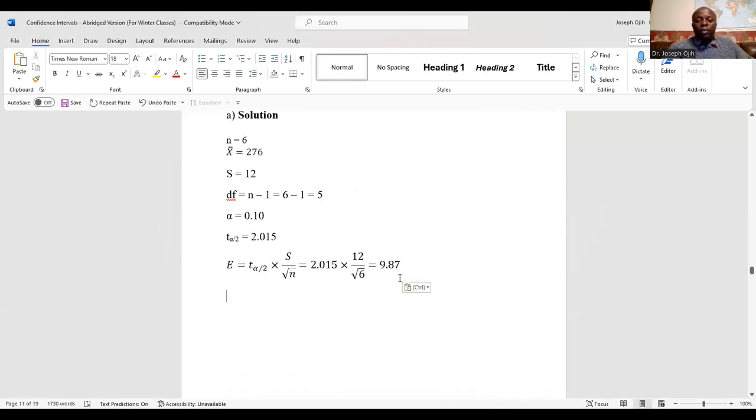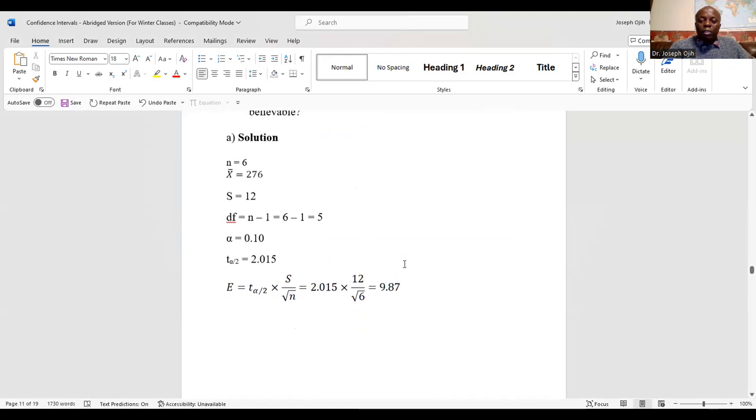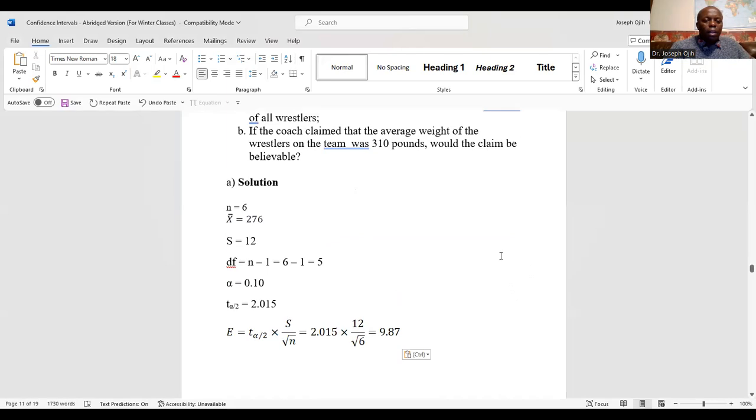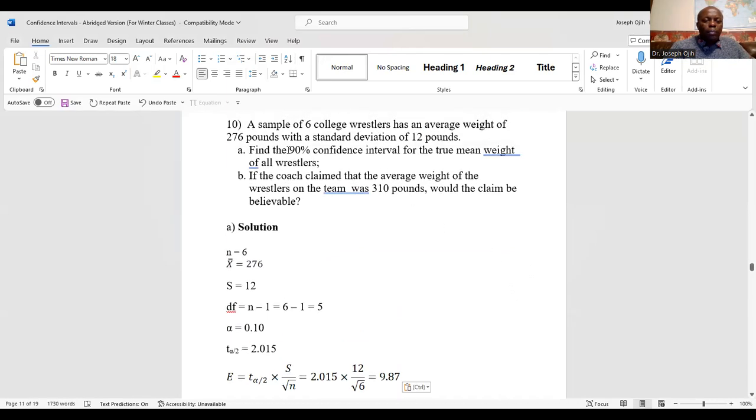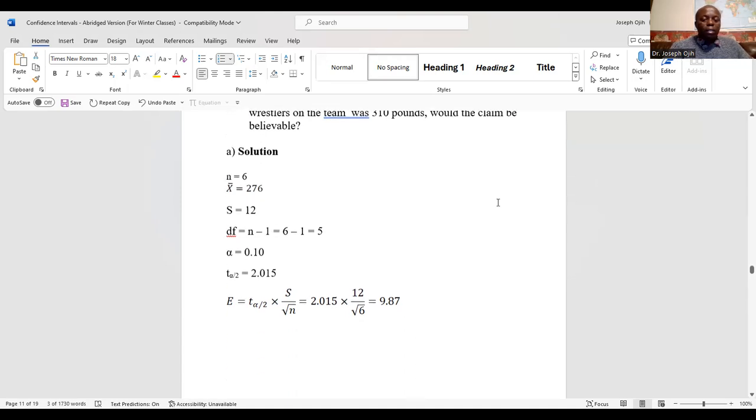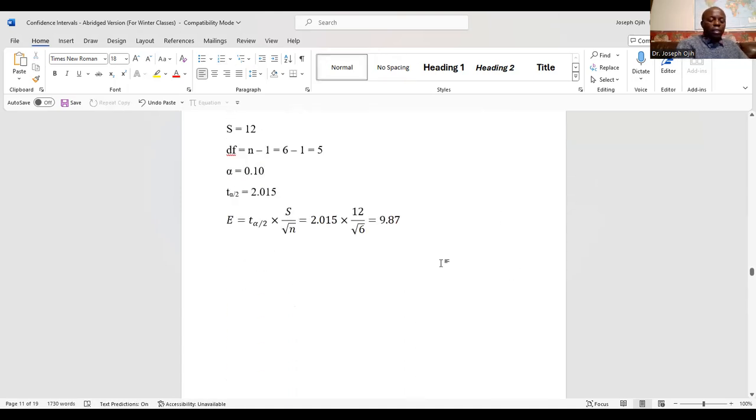Now that we have our error, the confidence interval is easy to calculate. The 90% confidence interval is given by this formula: S bar minus error.